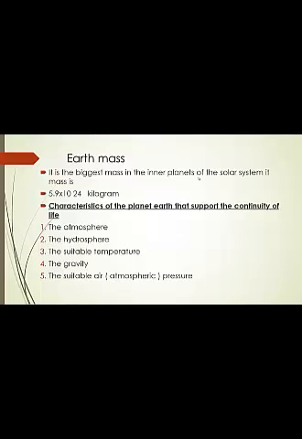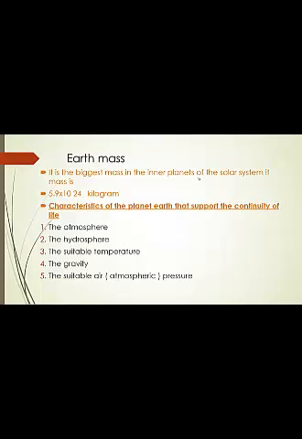The characteristics of planet Earth that support the continuity of life are 5 characteristics. Firstly, the atmosphere. Secondly, the hydrosphere. Thirdly, a suitable temperature. Fourth, the gravity. Finally, the suitable air or atmospheric pressure.